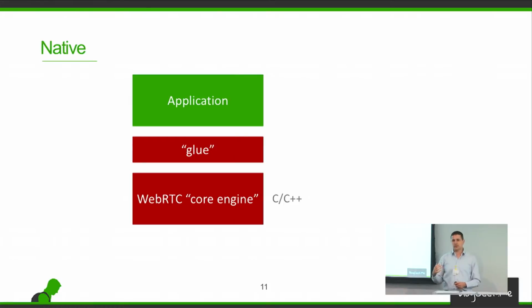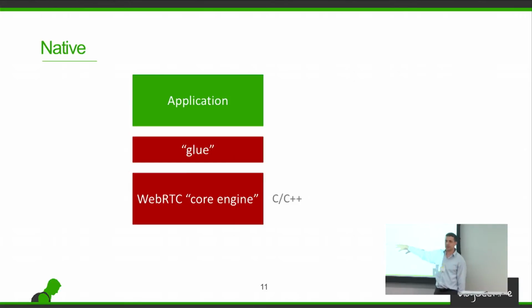Now, when we talk about native development, what you want to do is to run natively on the device. And for that, you need to take WebRTC and split your application into 3 different parts. There's the application part, which is the code that you write today and know very well how to achieve. And then there's the WebRTC core engine.